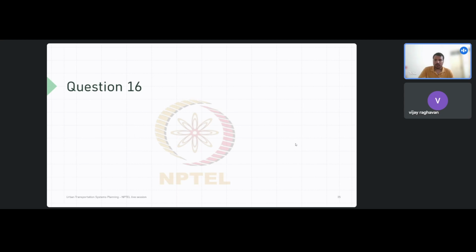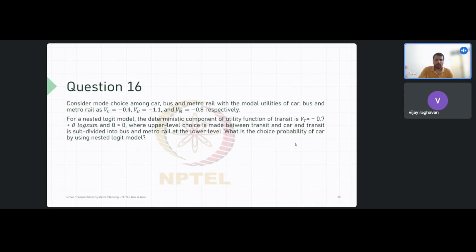Moving to question 16. We have been given the utility values directly. This time we don't have equations; directly we have been given the utility of car, bus and metro. So we have been given a nested logit model. The deterministic component of the utility function of transit is Vt equals minus 0.7 plus theta log sum, and theta is 0, where the upper level choice is made between transit and car, and transit is subdivided into bus and metro at the lower level.